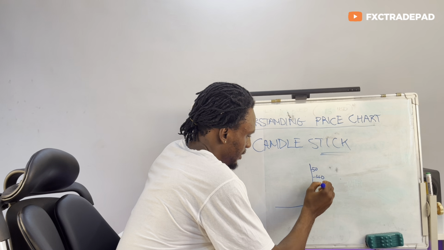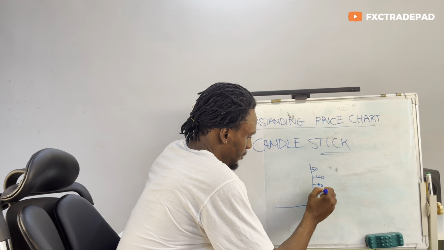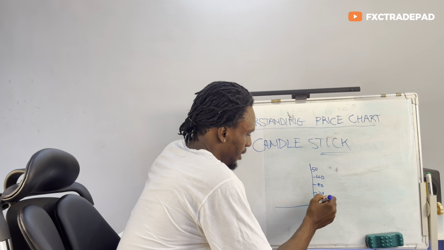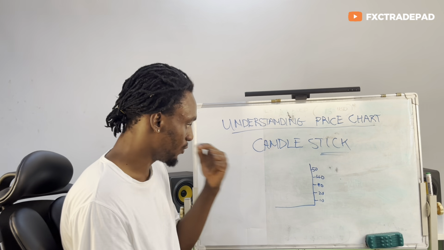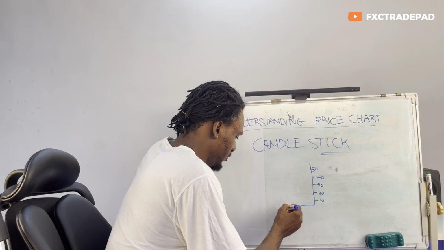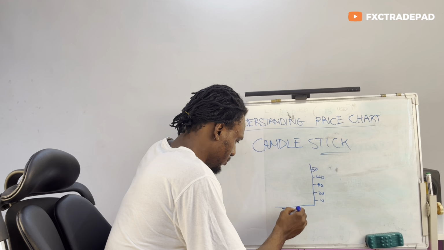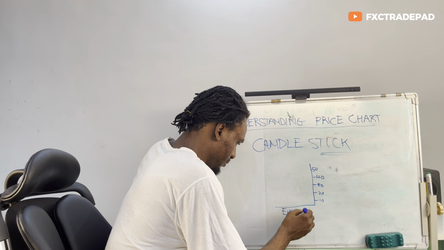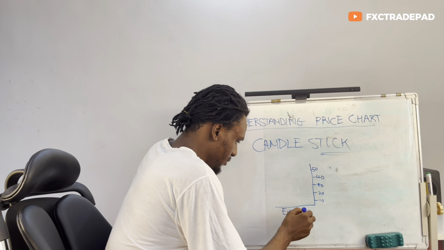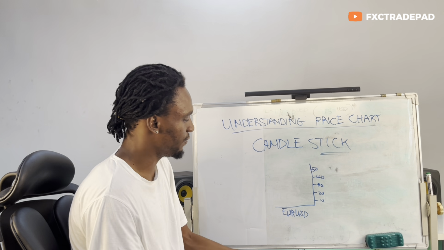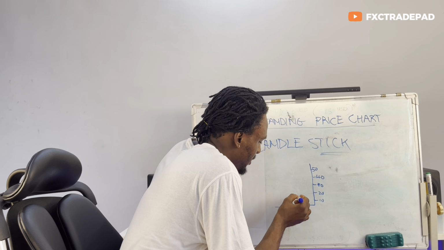This is about price 30, price 20, 10. So we can say this is $10, $20. This is price. And let's say what we are trading here, this pair is Euro USD.